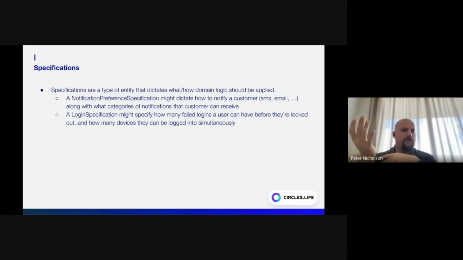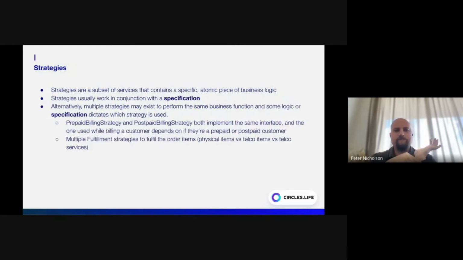A login specification might specify how many failed logins a user can have before they're logged out, and how many devices they can be logged into simultaneously. Right? In each of these, we can see that these entities, because specifications are entities, are controlling some area of business logic. And the reason I bring this up here is because that leads us into strategies.